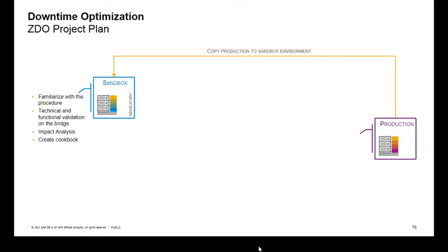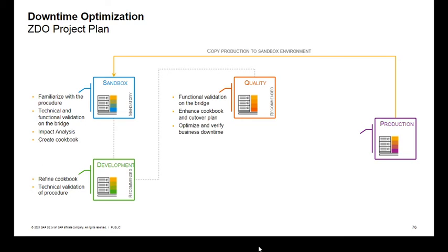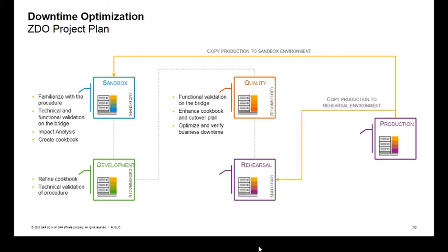You validate it, and you prepare a cookbook. That cookbook gets refined in your development environment. Then you run this on quality to address rehearsal and bring this onto production. Once again, this is more complex. So you would only do this if you have the requirement and the downtime would otherwise be too long.